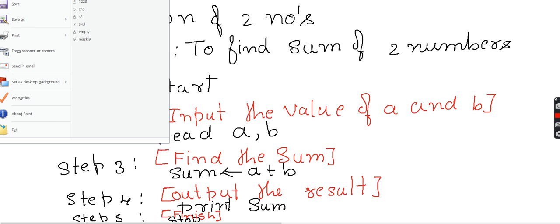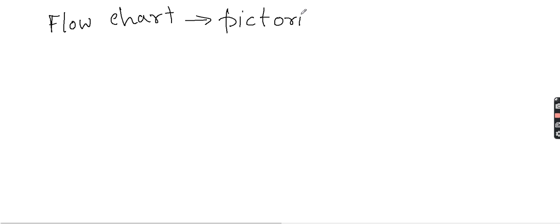Quickly, next we will see what a flowchart is. As I told, the flowchart is a pictorial representation of an algorithm, or I can also say the flowchart is a graphical representation of an algorithm.